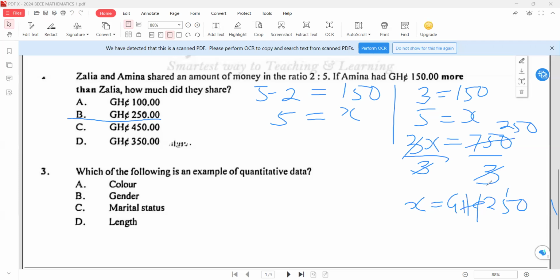Gender, male or female, is also qualitative. Marital status, either married or single, is also qualitative. Length can be numerical, in numbers. So an example of quantitative data here is going to be length.